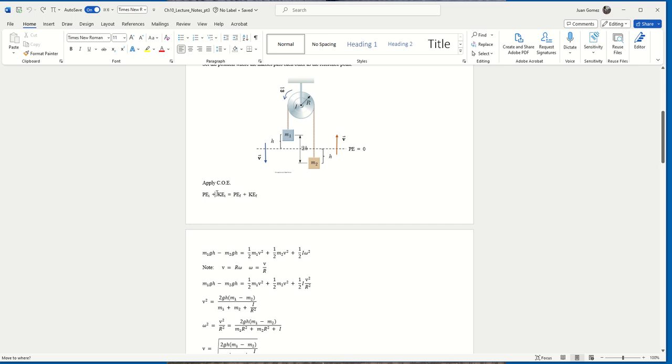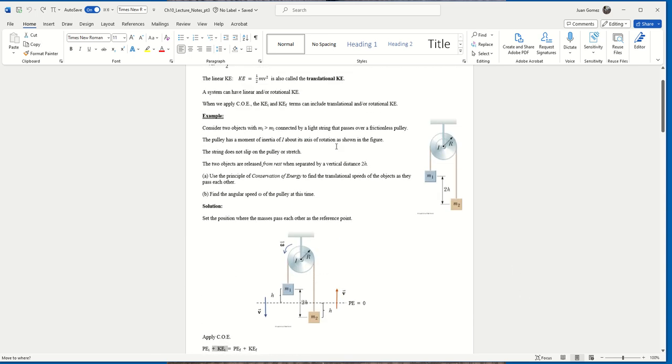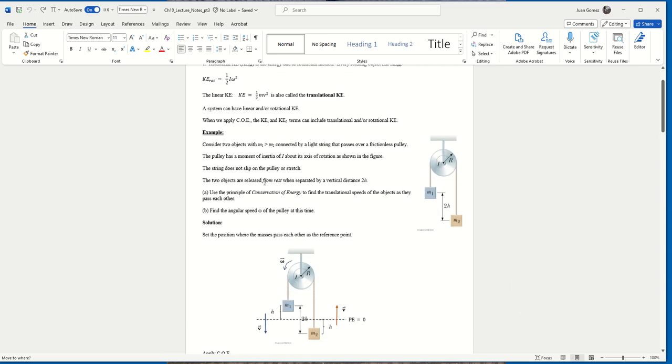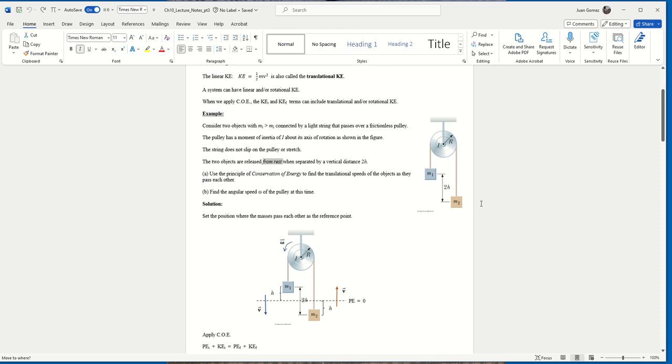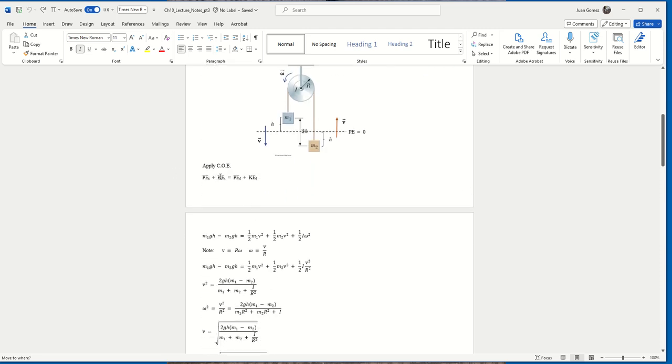Now the initial kinetic energy is 0 because the system is released from rest. And obviously, if M1 and M2 are initially at rest, the pulley is initially at rest. Nothing complicated. So the initial kinetic energy is 0. PEI plus KEI equals PEF plus KEF.